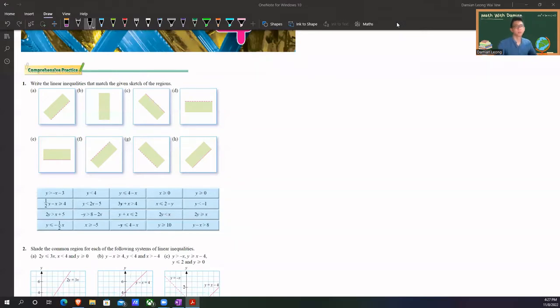No matter what, it is still a vertical line. So definitely the ones involved will be the ones that are vertical lines, which is basically the ones without y, the ones that involve just x, which is these two, x more or equals 0 and x more or equals -5.